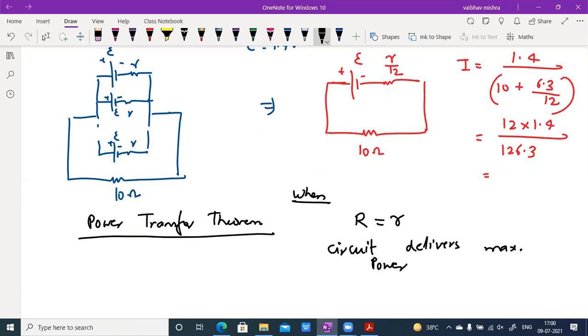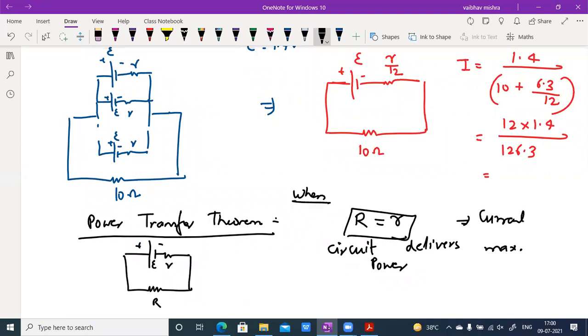So जब भी हमने ऊपर लगा किया ना, हमें चेक करना पड़ेगा that this current is maximum or not, because power transfer theorem क्या बोलती है. Maximum power is when R is equal to capital R, then only there will be maximum current. This is not necessarily true, so we need to check the power transfer theorem also.